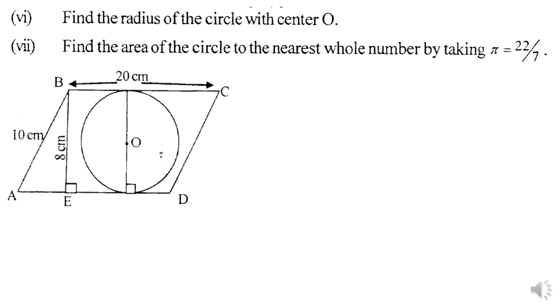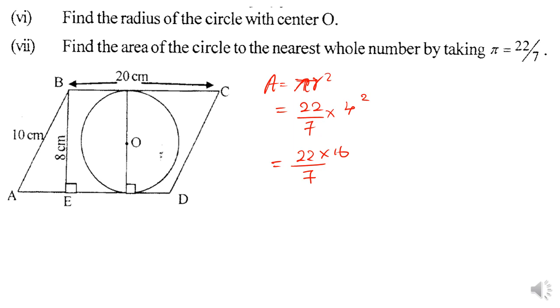Find the area of the circle to the nearest whole number by taking pi equal to 22 over 7. So the area of a circle is pi r squared. Pi is 22 over 7, and r squared is 4 squared, which is equal to 22 into 16 divided by 7.